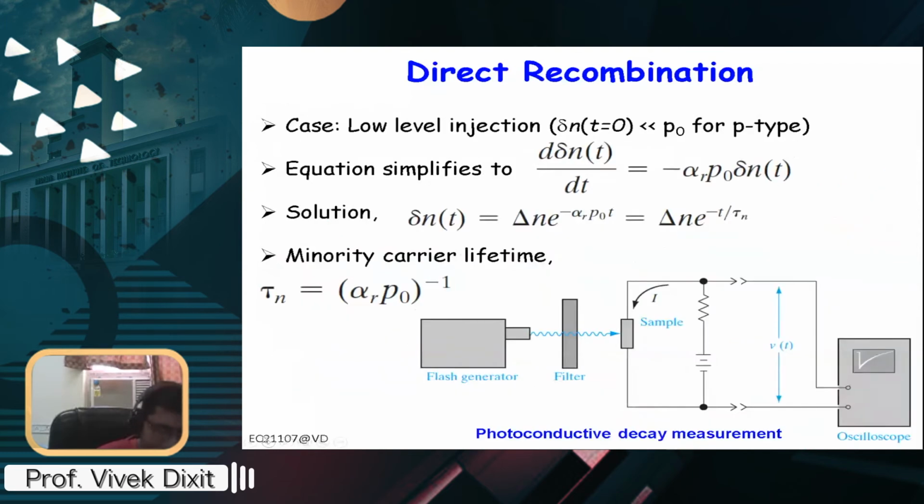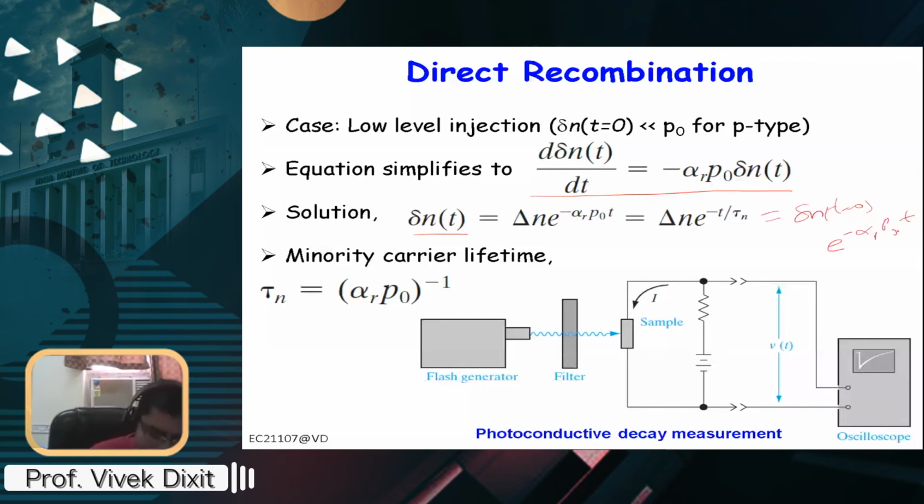So let us see the solution. Now you can write delta n by delta t is minus alpha r times p naught times delta n. When we solve this equation, we get delta n of t as delta n at t equal to 0 times e to the power minus alpha r times p naught times t.